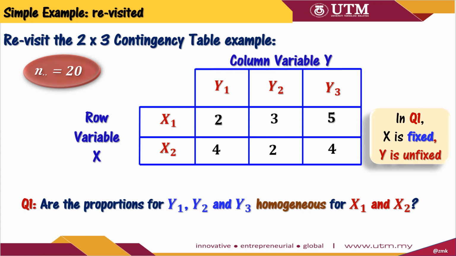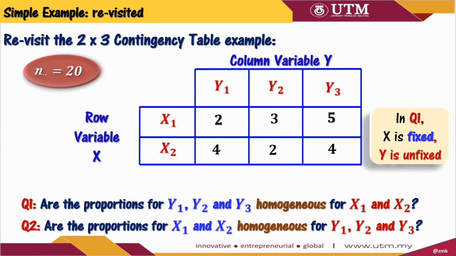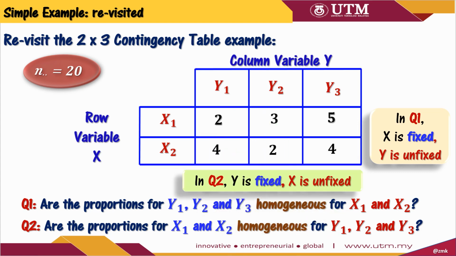The question we can ask then, are the proportions for X1 and X2 the same or homogeneous for Y1, Y2, and Y3? So for this second question, Y is the fixed variable, whereas X is the unfixed variable. Based on these two questions, we can then have an idea how to write down the correct null and alternative hypothesis for a homogeneity test, as shown in the following slide.